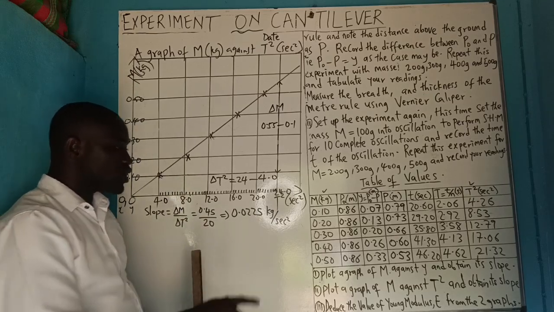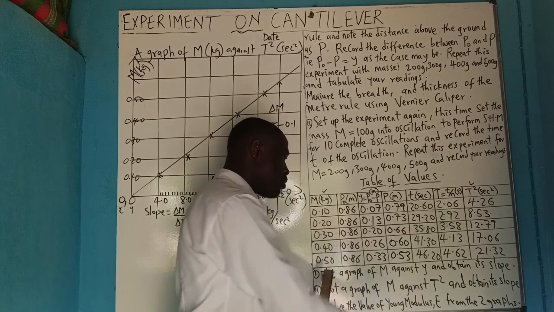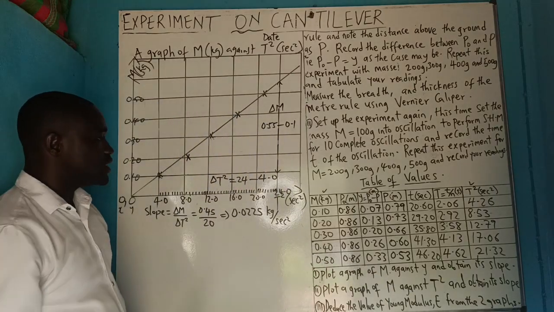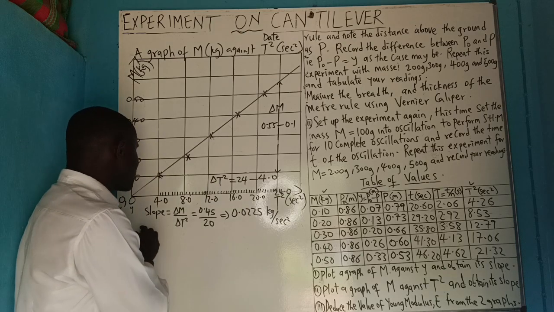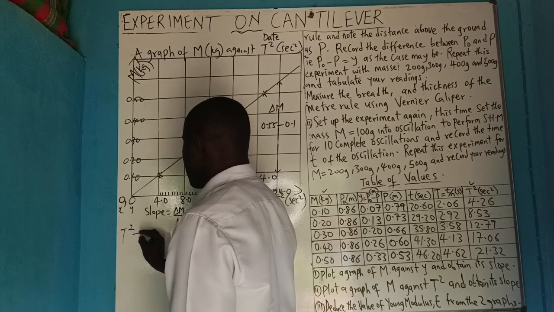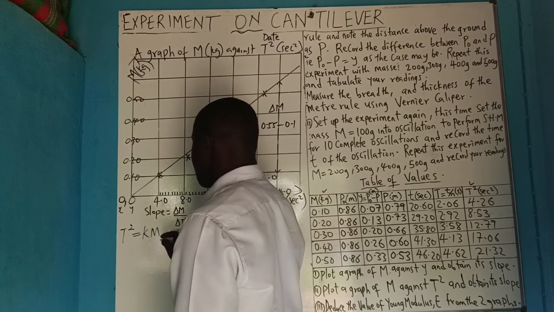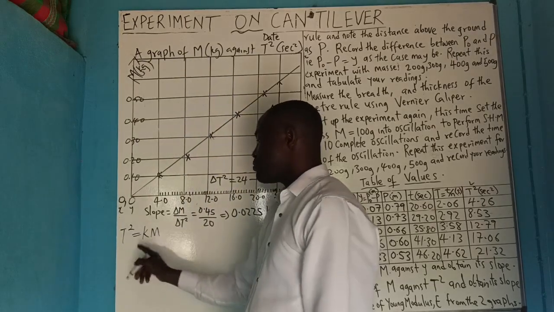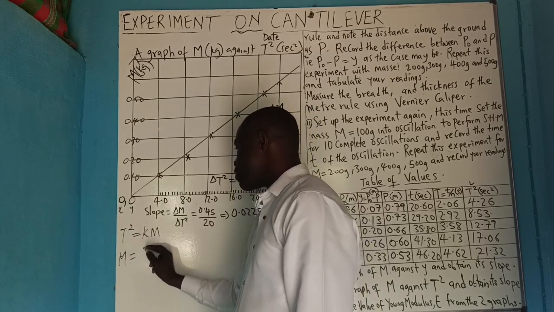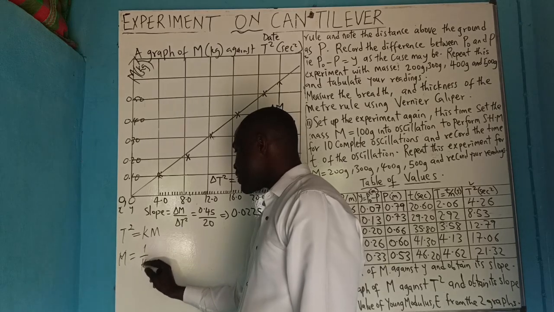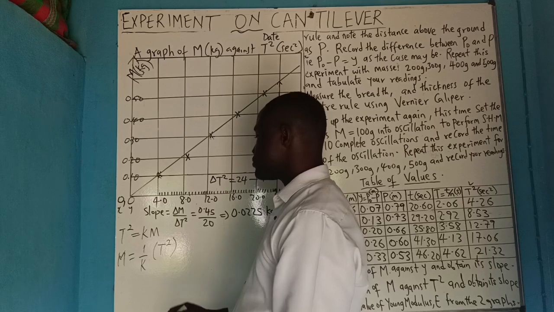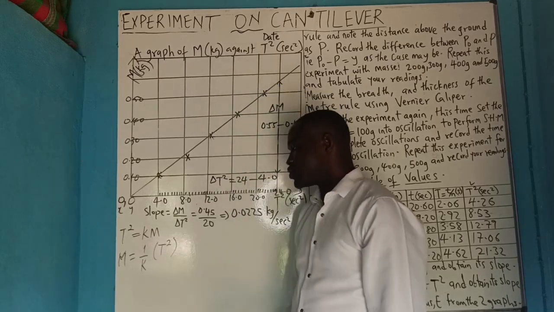But they say also deduce the value of your modulus E from this second graph as well. Okay, to deduce it, recall that we said that t square is equal to km. That means making m subject of formula, m equals to 1 over k times t squared.